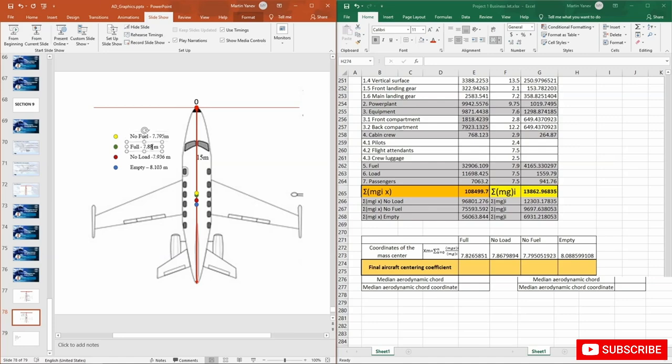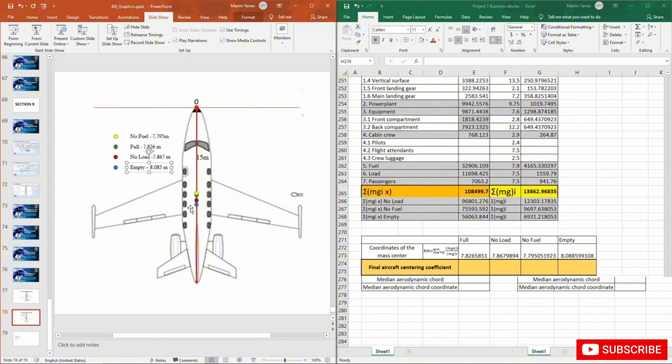Then when the aircraft is full, your center of mass is at 7.826, and then when your aircraft has no load, it's 7.867, and the empty aircraft is quite close to this one, 8.085.